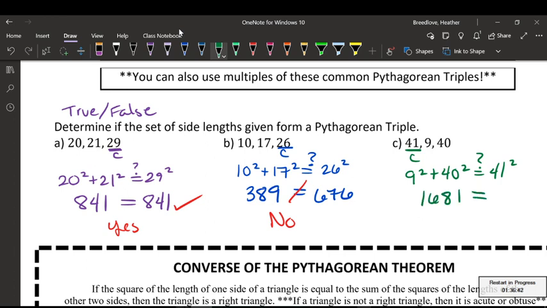And 41 squared is 1,681. So yes, those form a right triangle. They are a Pythagorean triple.